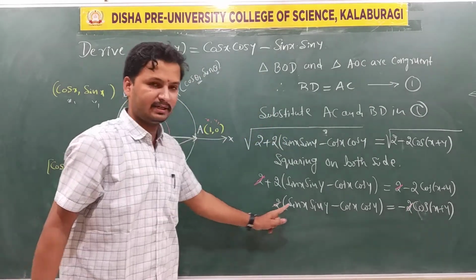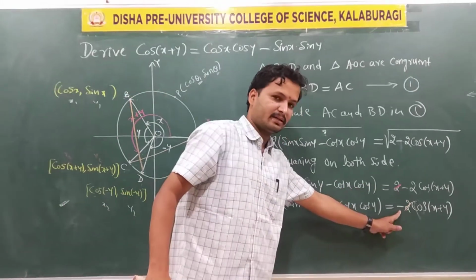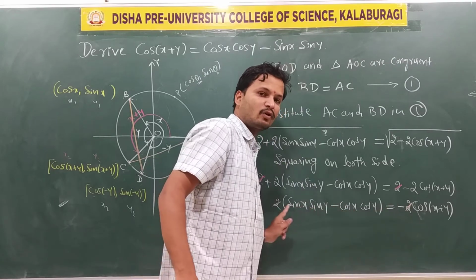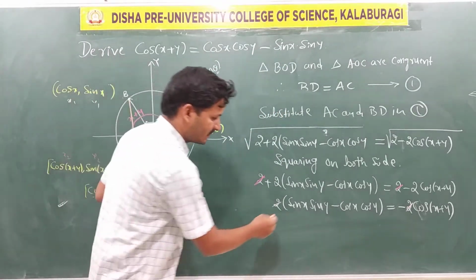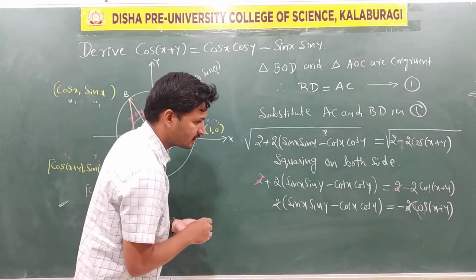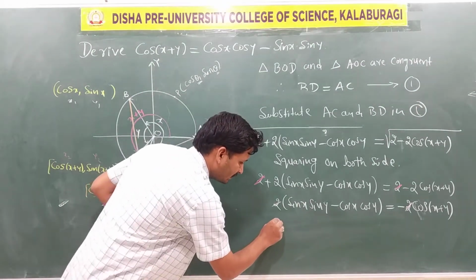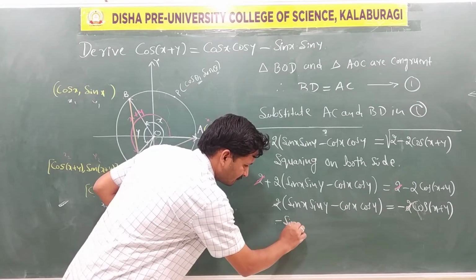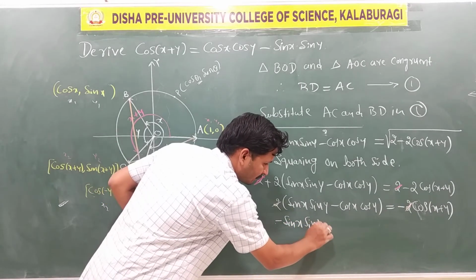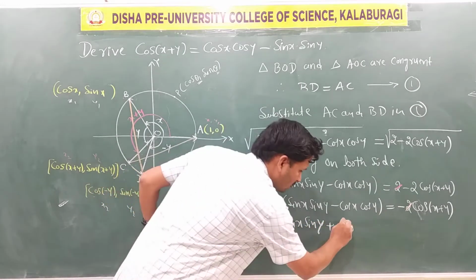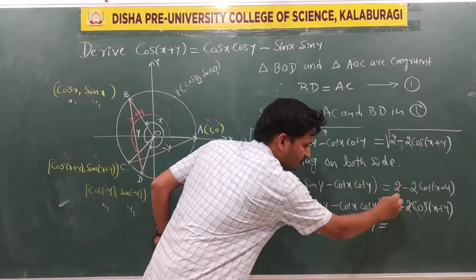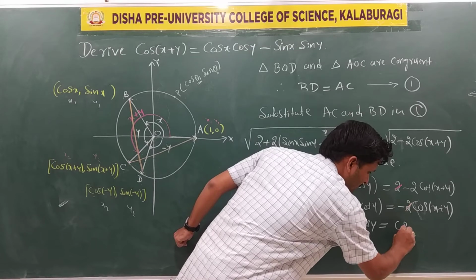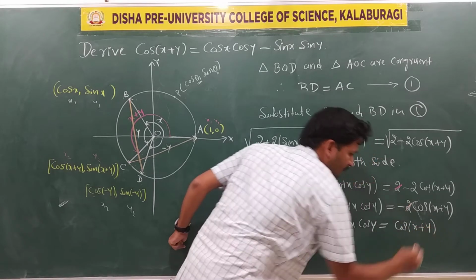Okay, after cancelling 2, the minus sign is there, correct? So multiply throughout by the minus sign. So what will happen after multiplying by the minus sign throughout the equation? That is minus sin x sin y plus cos x cos y, which equals minus of minus, plus, so cos of x plus y.